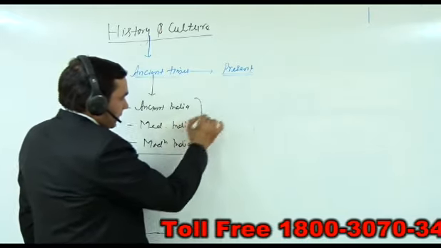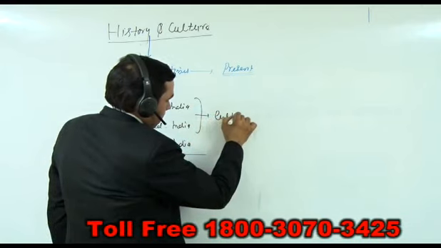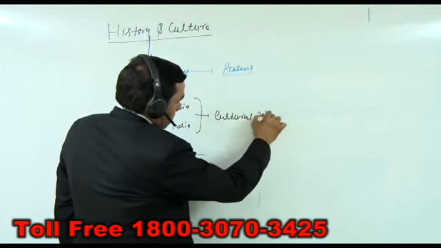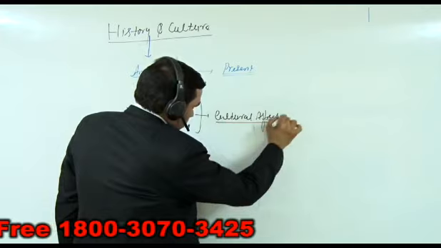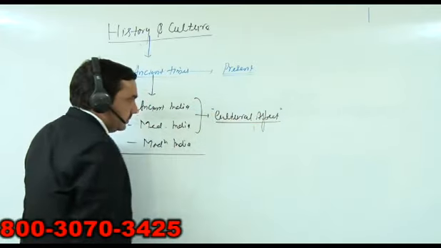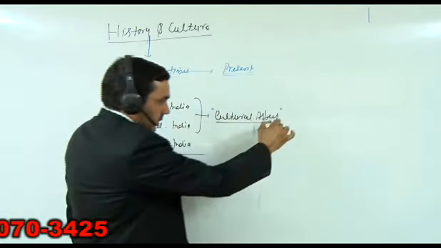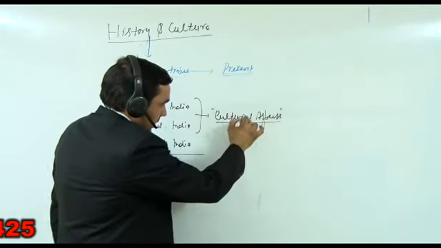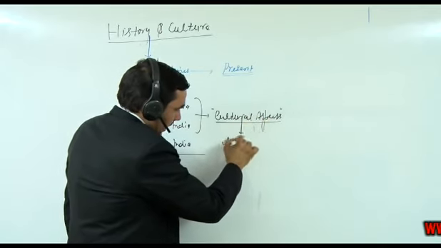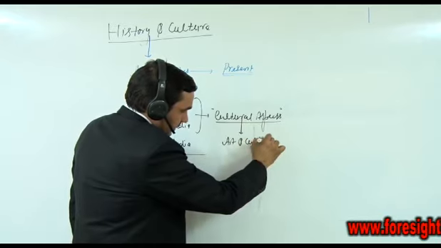Out of ancient and medieval, the focus is more on cultural aspects, not on political history as such. We have to focus on cultural dimensions, that is our art and culture.